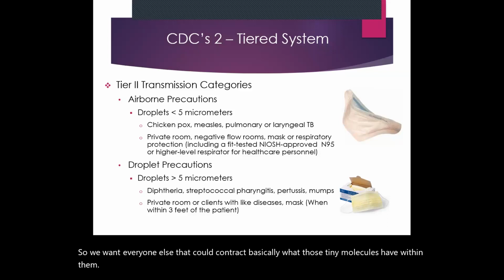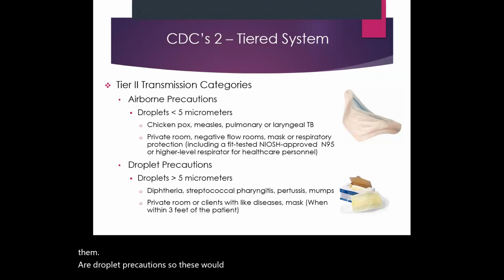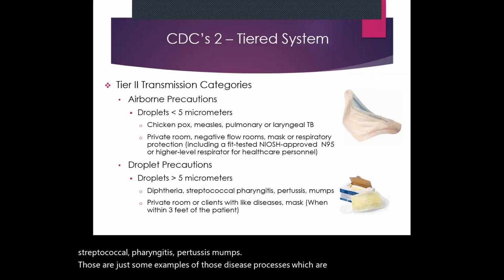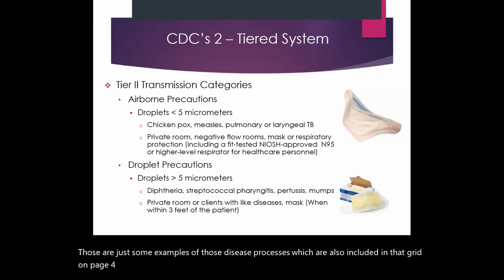Droplet precautions. So these would be molecules greater than the 5 micrometers. Those are bigger molecules, so they can't travel as far a distance, okay? So diphtheria, streptococcal pharyngitis, pertussis, mumps, those are just some examples of those disease processes, which are also included in that grid on page 469 that you're going to want to look at.